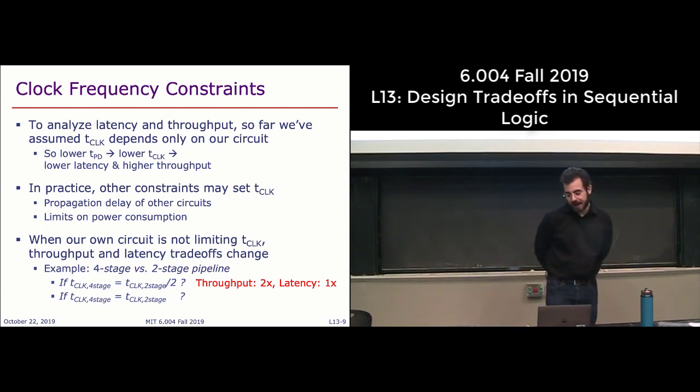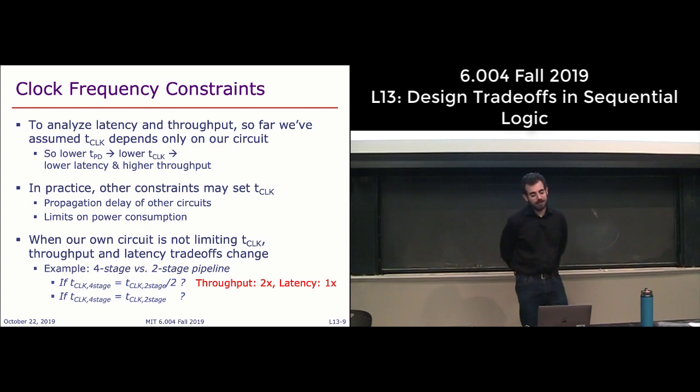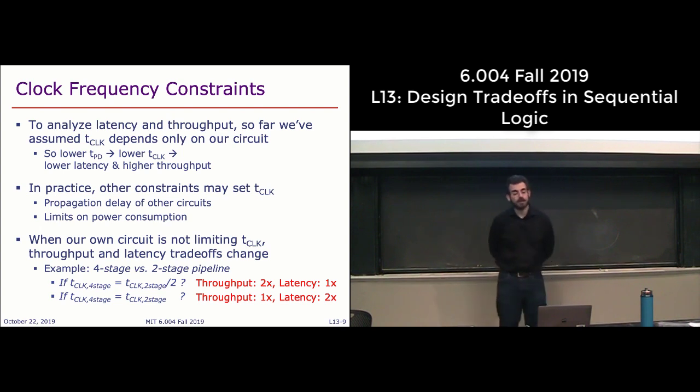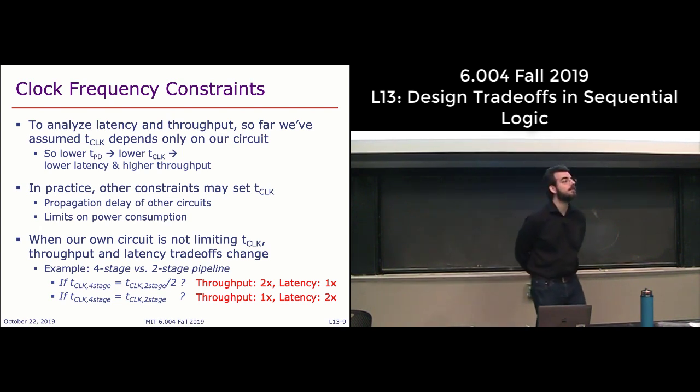Now, if on the other hand, there's some other limitation, right? There's some other circuit that's limiting the clock cycle time, and despite going from 2 to 4 stages, we cannot decrease the clock cycle time, then these trade-offs completely change. So we're not going to get any extra throughput, and in fact, now this circuit has more latency, right?